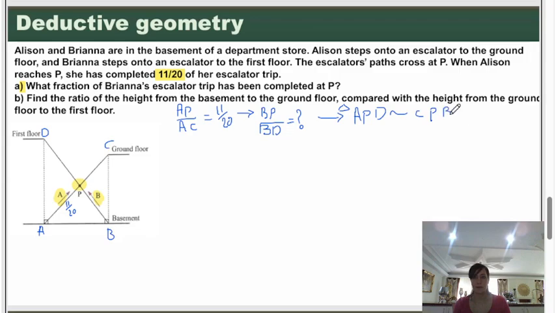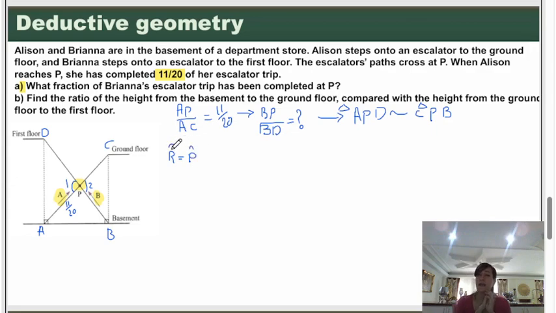So I am going to show these two triangles are similar. To show two triangles are similar, I start here. If I get this angle 1 and this angle 2, I say P1 equals P2.